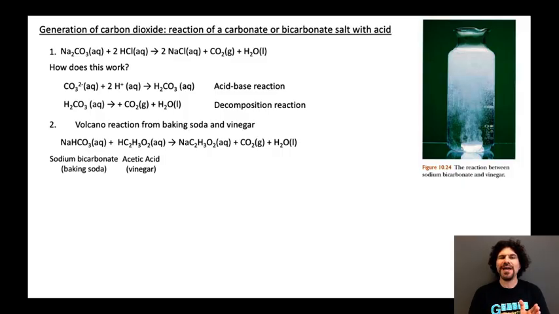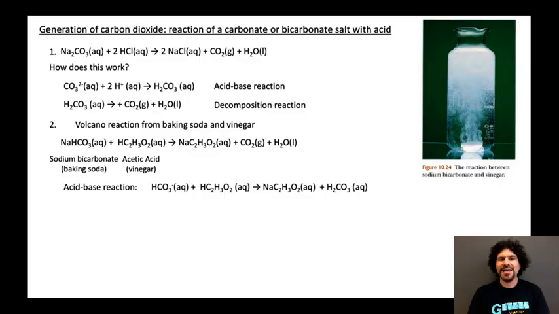So if we do an acid-base reaction, we're going to transfer a proton from the acid to the base. So instead of HCO3 minus, that's going to become H2CO3. And then the acetic acid now exists as its conjugate base. So this is a weak acid reacting with a weak base, so it's going to exist as its conjugate base, and therefore it gets the sodium associated with it in a molecular formula.